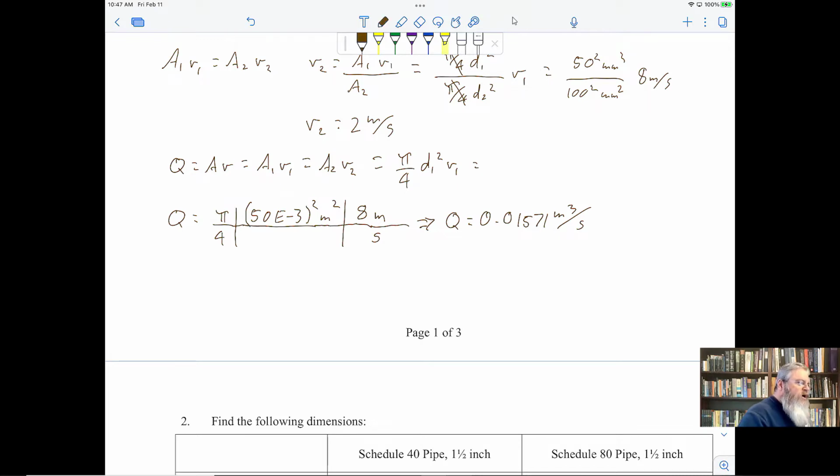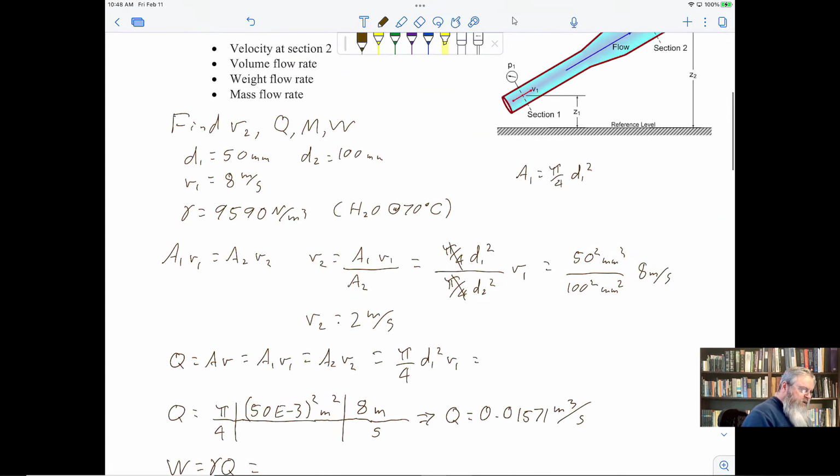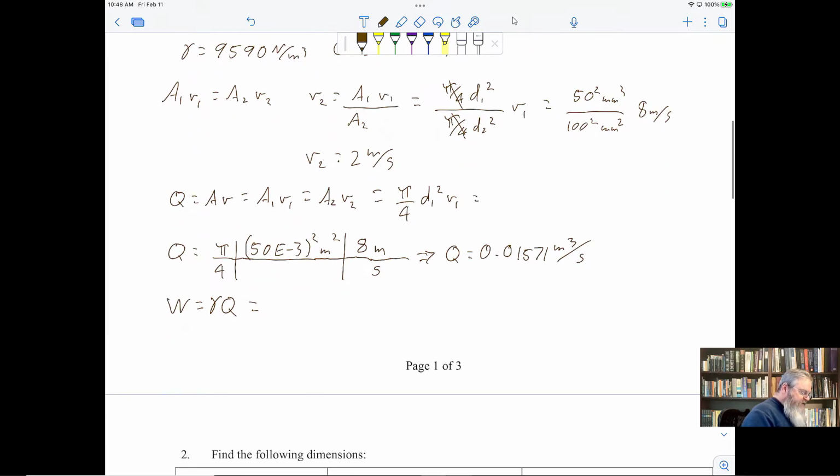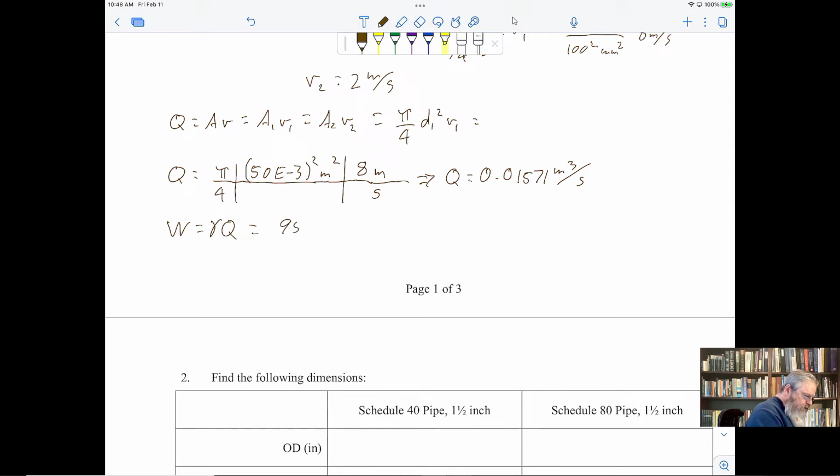We also wanted the weight-based flow rate, and the equation says it's gamma Q. Well, I have Q, and I have gamma. What did we say gamma was? 9590 newtons per cubic meter, times how many cubic meters per second? 0.01571 cubic meters per second.